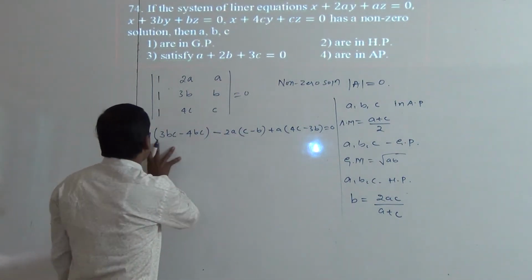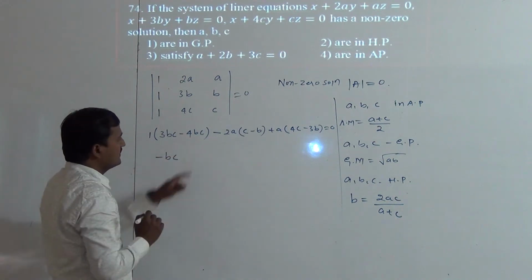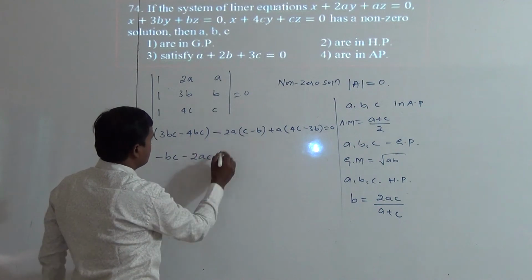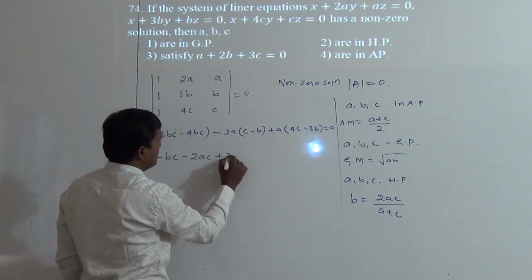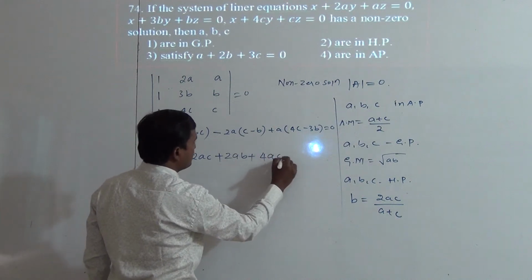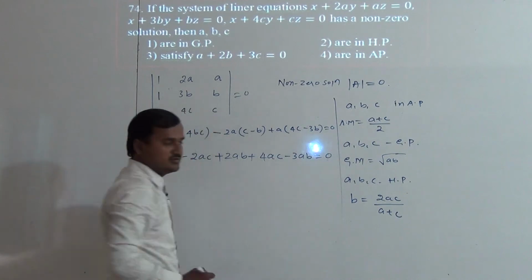So simplify this one. Clearly it is minus bc, and then multiplying, minus 2ac, minus into minus is plus, so 2ab plus 4ac minus 3ab. This is equal to 0, right?